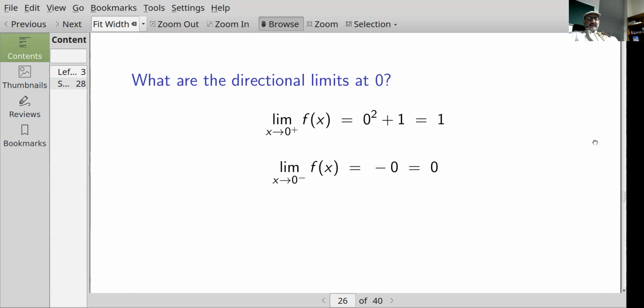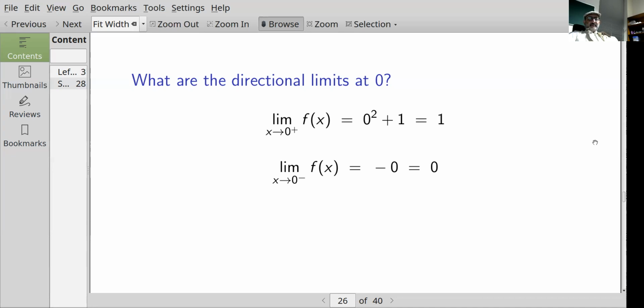If you take the limit as x goes to 0 from the right of f of x, then you're talking about positive numbers. And for positive numbers, f of x equals x squared plus 1. So the limit is the limit as x goes to 0 from the right of x squared plus 1, which is 0 squared plus 1, equal to 1. Okay.